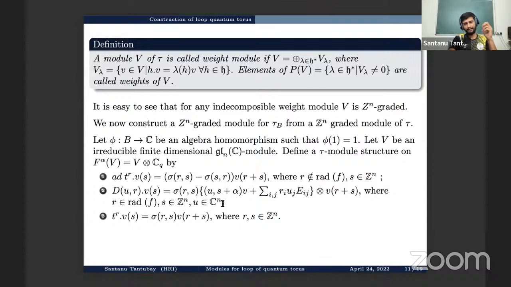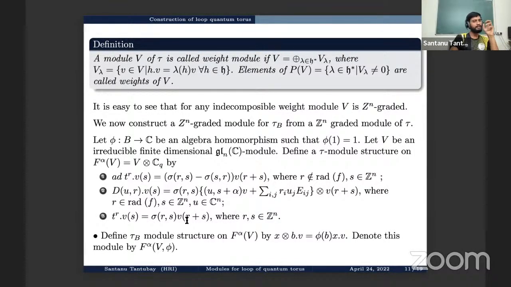So ad t^r action on v tensor t^s is just sigma(r,s) minus sigma(s,r) times v tensor t^(r+s), and D(u,r) action on v tensor t^s is just sigma(r,s) times (inner product (u,s) plus alpha plus the sum over i,j of r_i u_j e_ij) action on v tensor t^(r+s), and t^r action on v tensor t^s is just sigma(r,s) times v tensor t^(r+s). So using these actions, we can give a tau module structure on F_alpha(V).